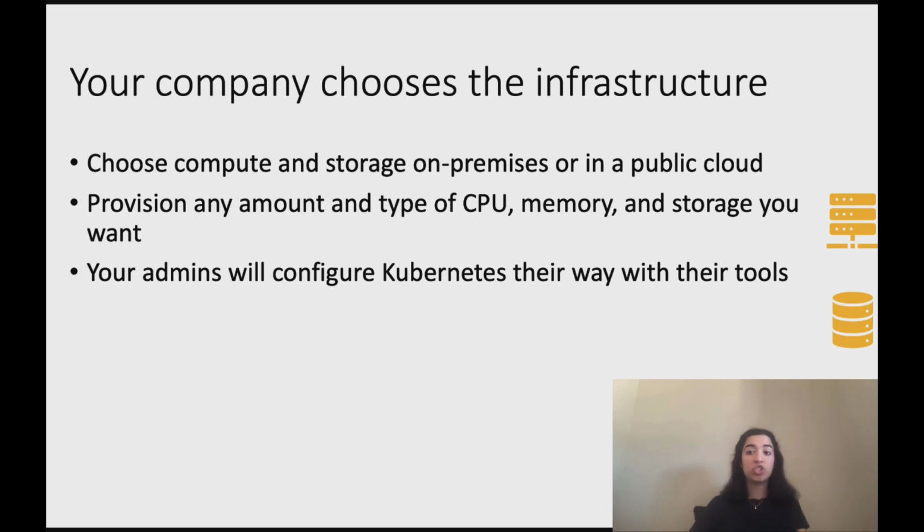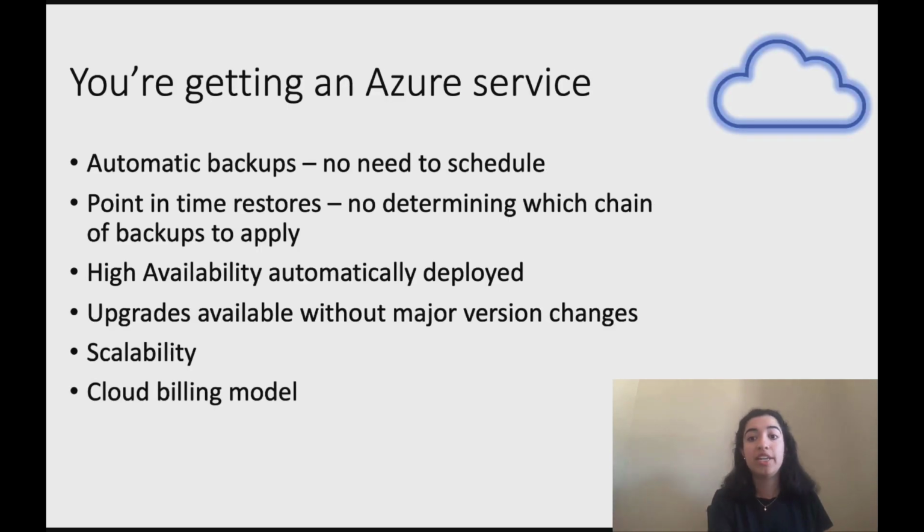Customers can also choose things like the amount and type of CPU, memory, and storage that they want to provision. This is a differentiator from the Azure PaaS offering as well, as admins are configuring Kubernetes their way with their tools today.